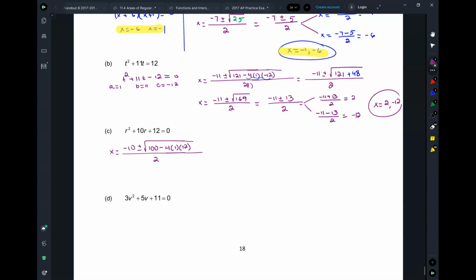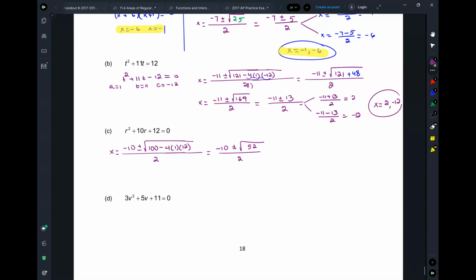Okay, so this is negative 10. What do we get in the square root? 100 minus 48. How much is that? 52. All over 2.